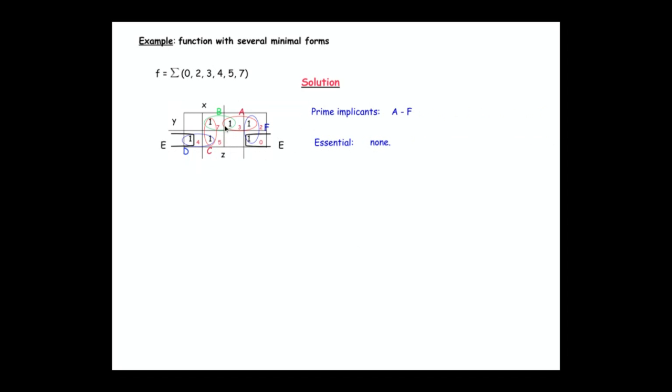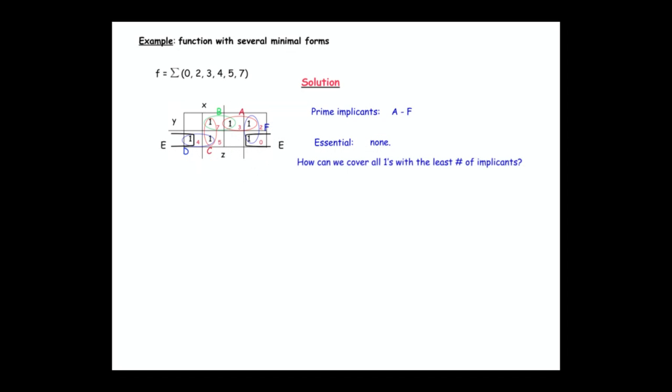So to say that none of them are truly essential is to say that not a single one is covered by a single implicant. In fact, in this particular silly, or extreme function, every single one is covered by how many implicants? Is it every single one? Not every, most. Yeah, well, 2, exactly. Each one is covered by 2 implicants.